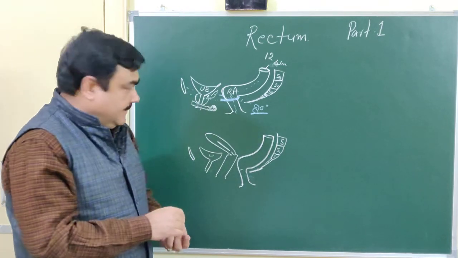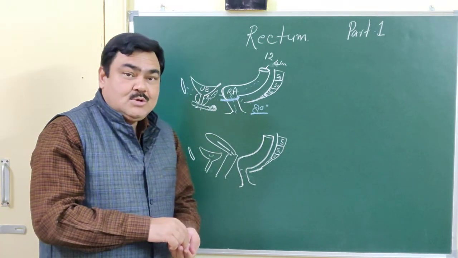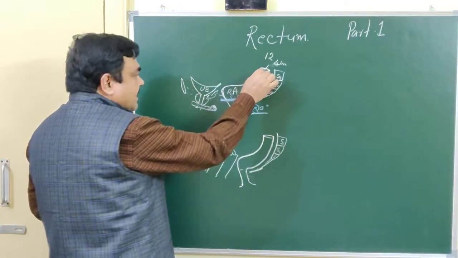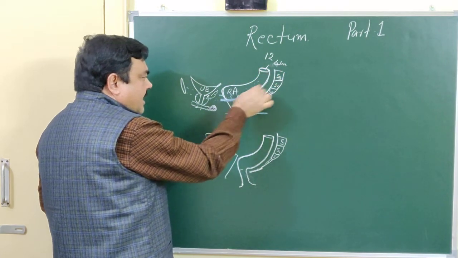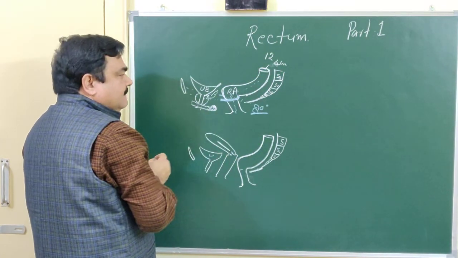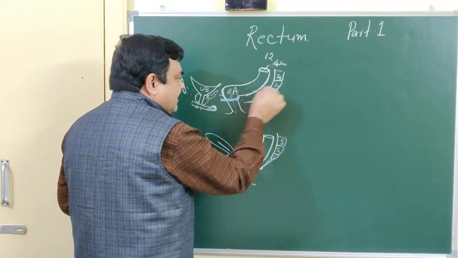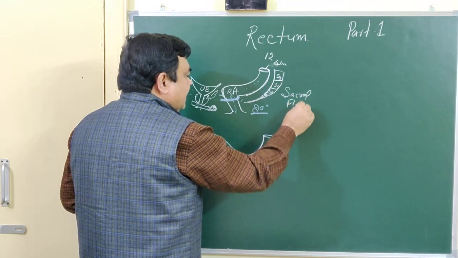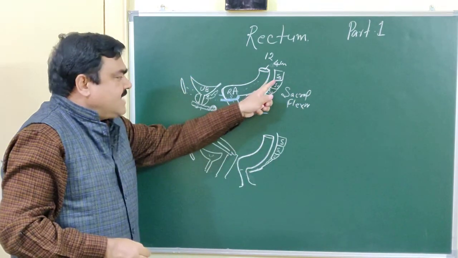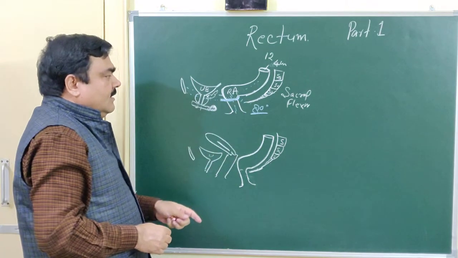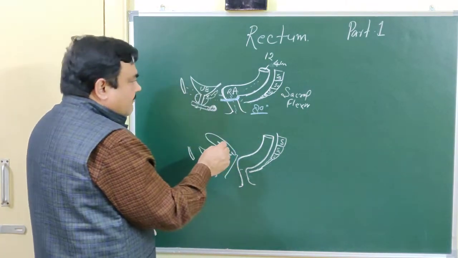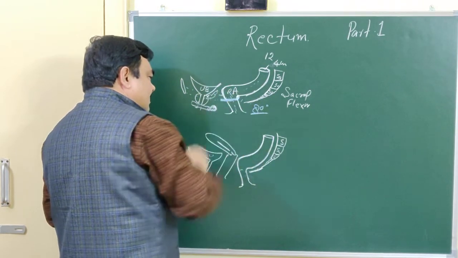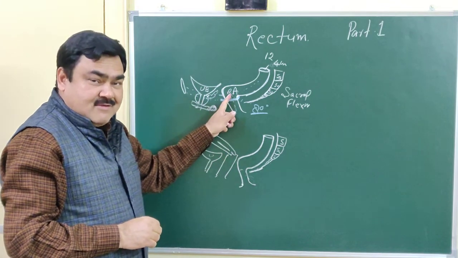If you see the curvature, it has two types of curvature. In anterior-posterior view, here is one curvature which follows the concavity of the sacrum and coccyx. This curvature is known as the sacral flexure. And another curvature, here, is the perineal curvature.